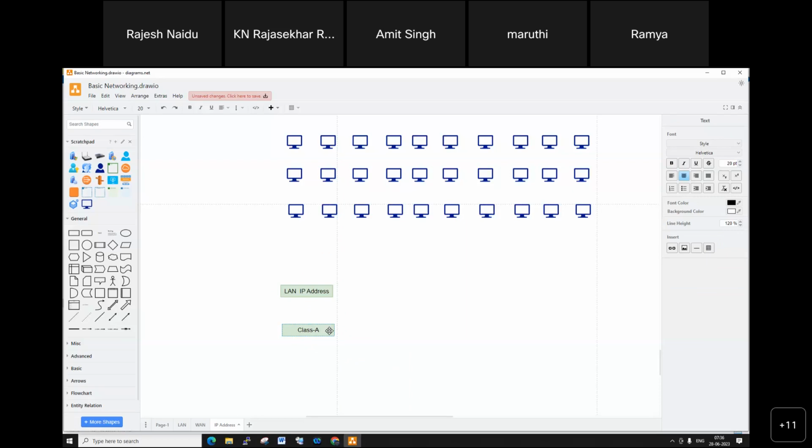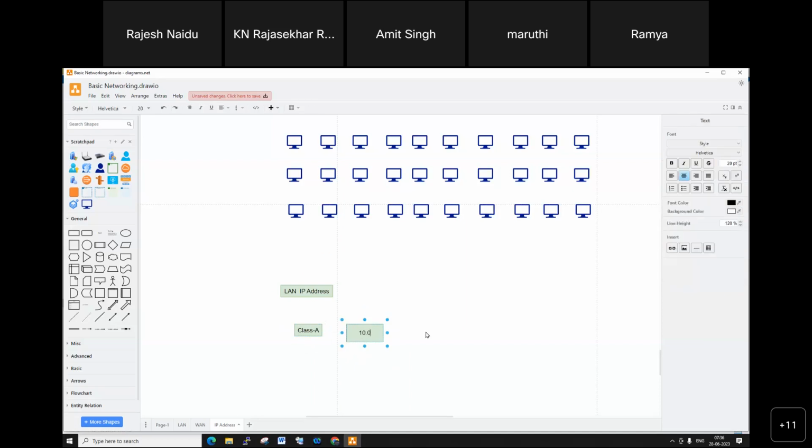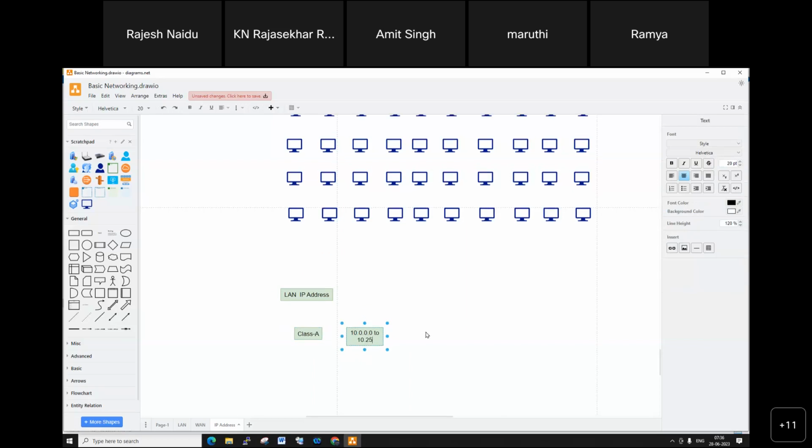But not all IP addresses are LAN addresses. Only a few addresses are LAN addresses. That is 10.0.0.0 to 10.255.255.255.